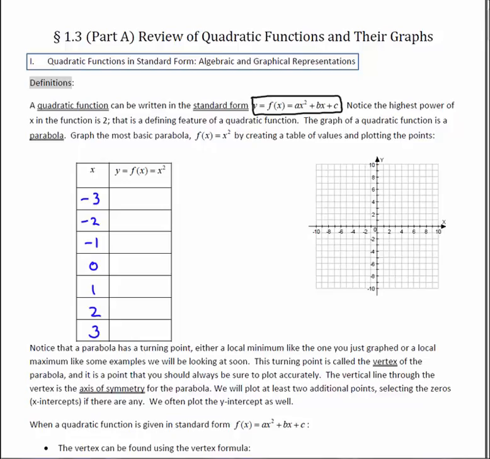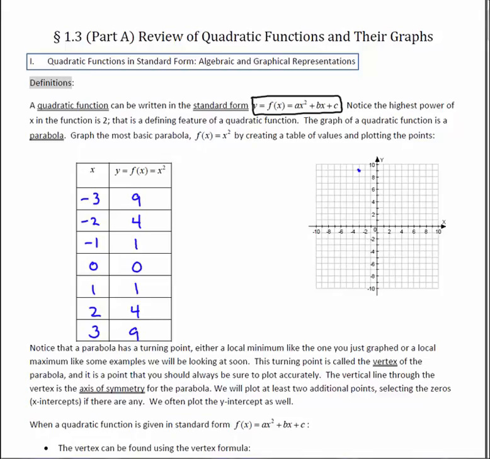Of course, we know that when we square a negative number, we get a positive, so 9, 4, 1, 0, 1, 4, and 9 would be the squares of those x values. And I'll plot each of those points on my graph.